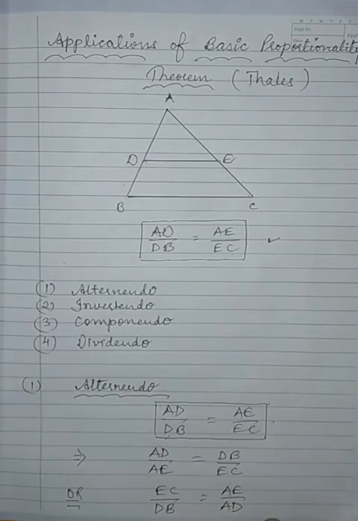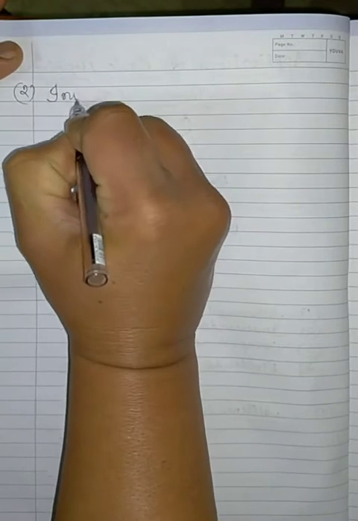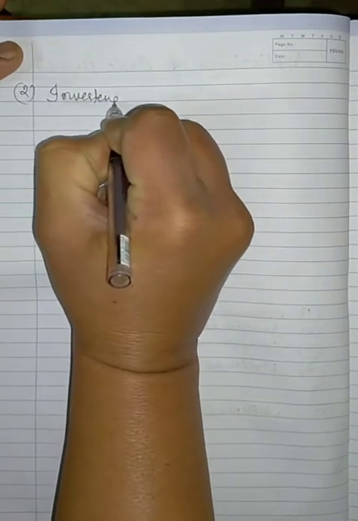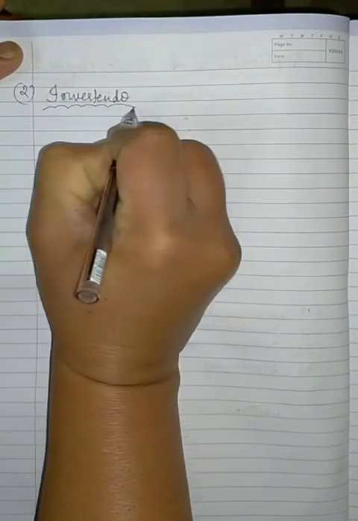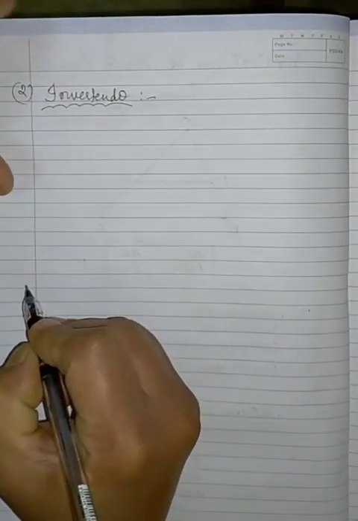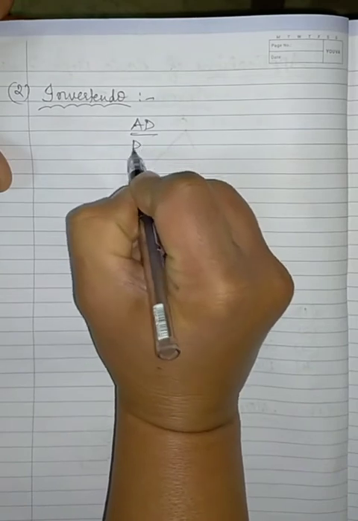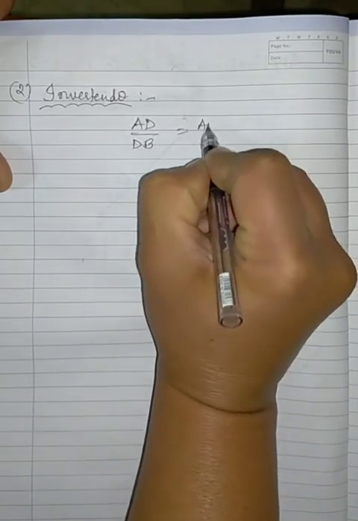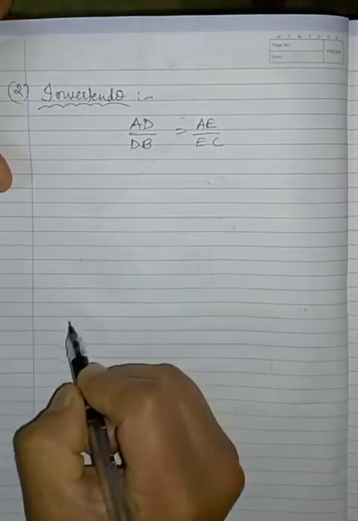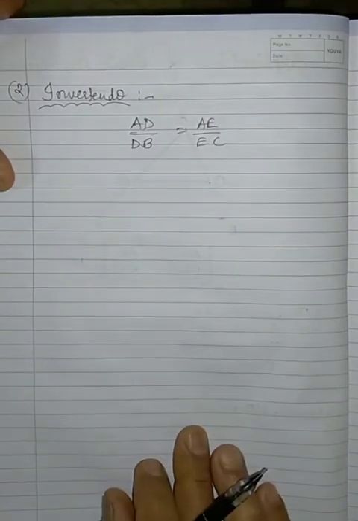Now let us see invertendo. Once again, the main relation AD upon DB is equal to AE upon EC for the same figure, same relation which we have used previously.